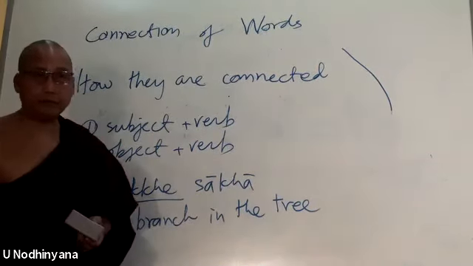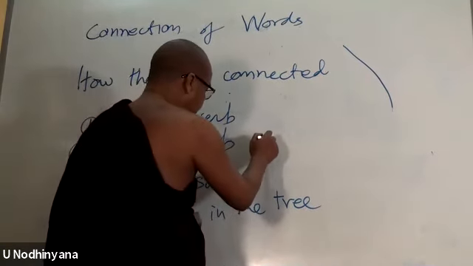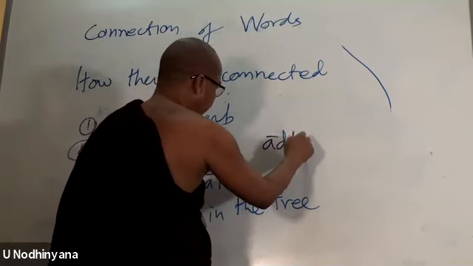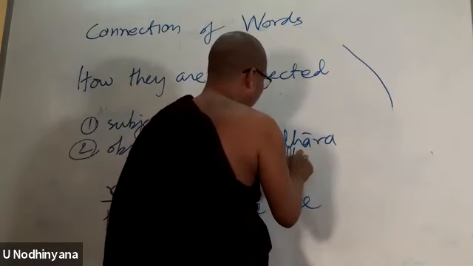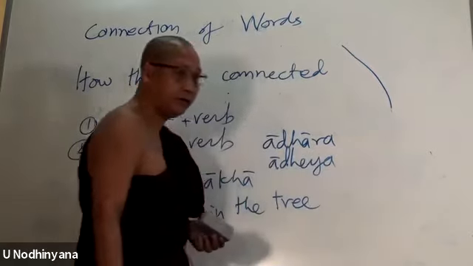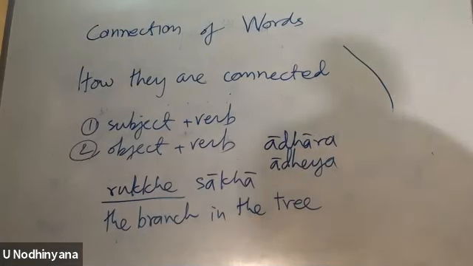This sakha is Adheya. So Adhara and Adheya also. So the location is Adhara, something which exists. Something which exists in the location is called Adheya. Adhara and Adheya.